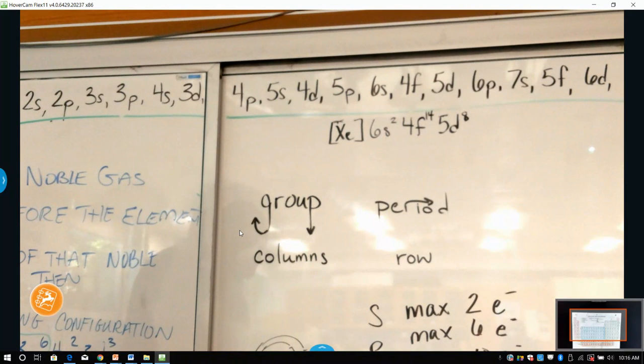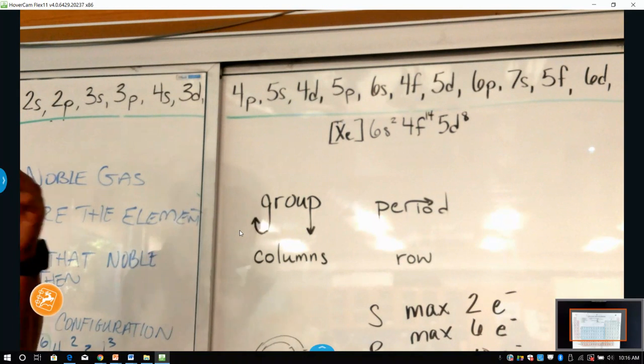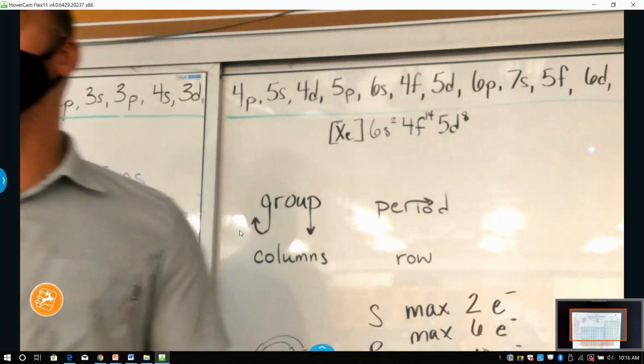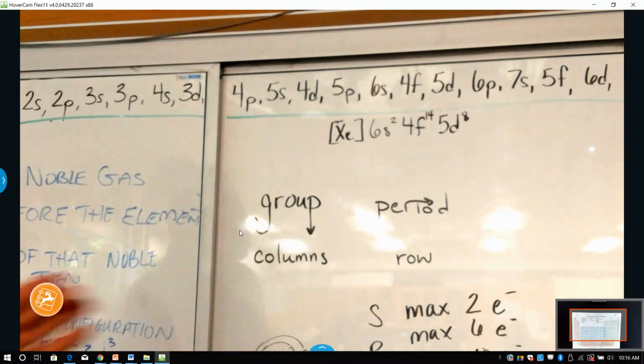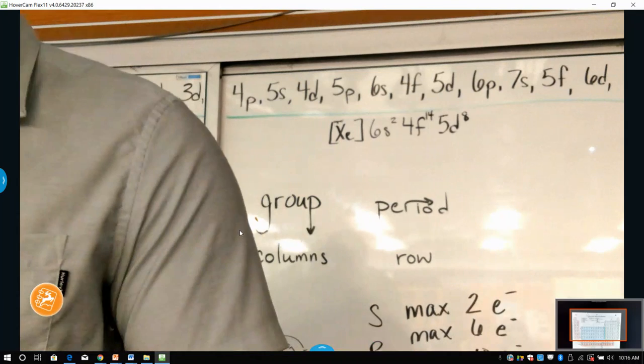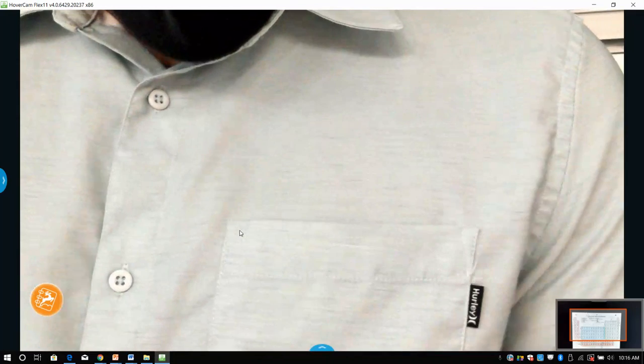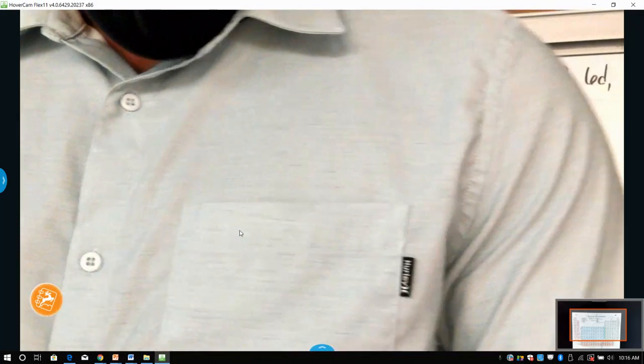What was one of the other ones that people wound up getting messed up? I know there are more than the ones we just went over. Number 20, zirconium, number 40.